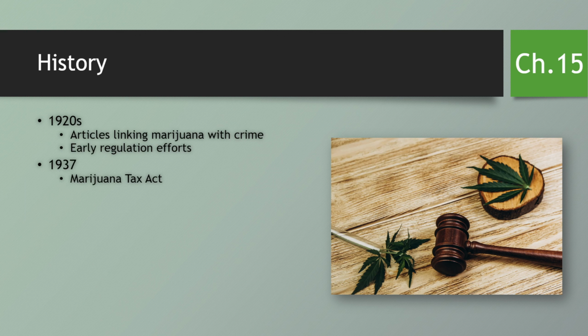This produced the Marijuana Tax Act in 1937. It followed in the footsteps of the Harrison Act, which we talked about, remember, was in 1914, and started to tax the regulation of marijuana. The grower, the distributor, the seller and the buyer were all taxed along this process. The government was making quite a bit of financial benefit from this, and as a result it became pretty much impossible to deal with cannabis legally.